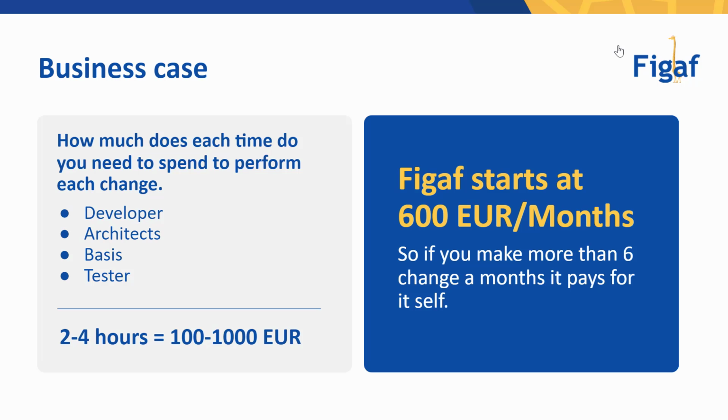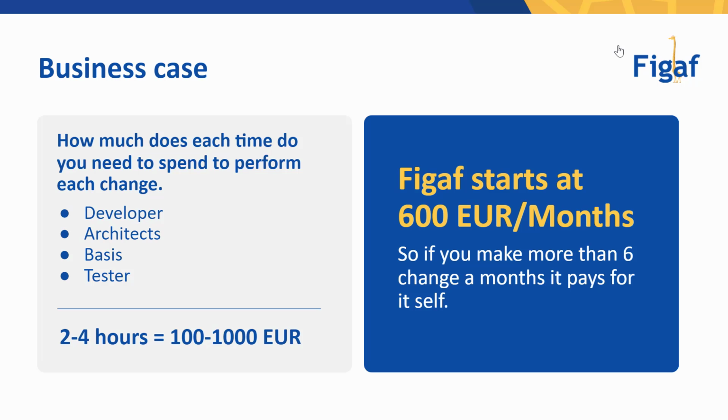Basis guys don't really need to be involved in this because architect and developer can handle it themselves, or the basis can be a part of the approval process or be the ones that need to import this. And also the tester, obviously we would not get rid of all of these, but at least a lot of the regression, all of these tedious manual works can be improved.